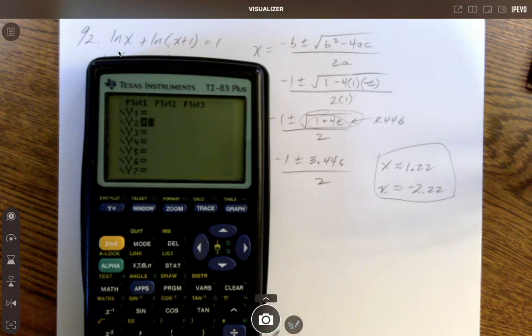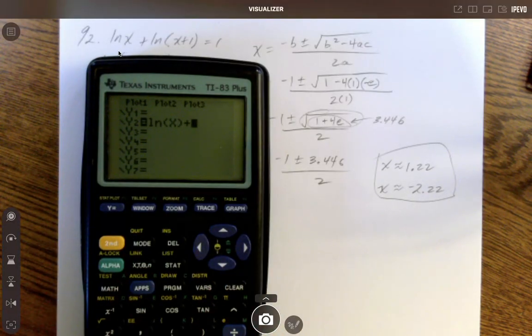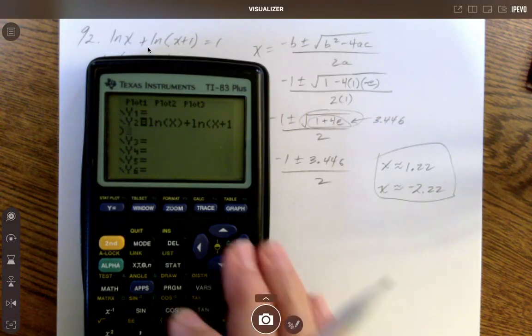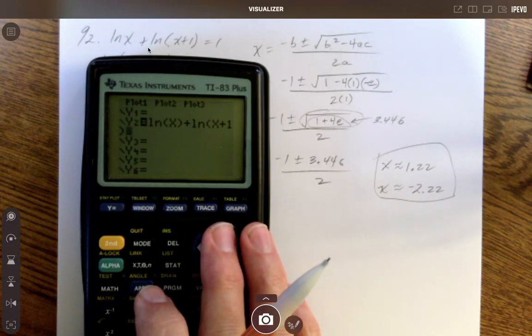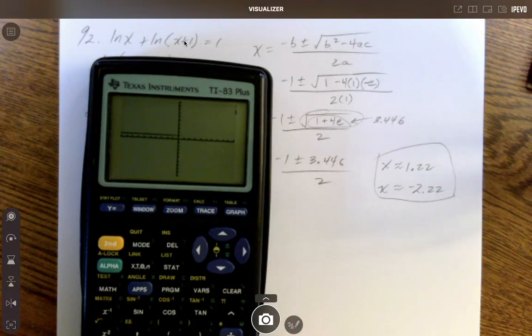So natural log of x plus natural log of x plus 1. And, whoops, that's not what I wanted to do. And I also need to graph 1. I'm graphing both sides of this equation. Graph. There's 1.